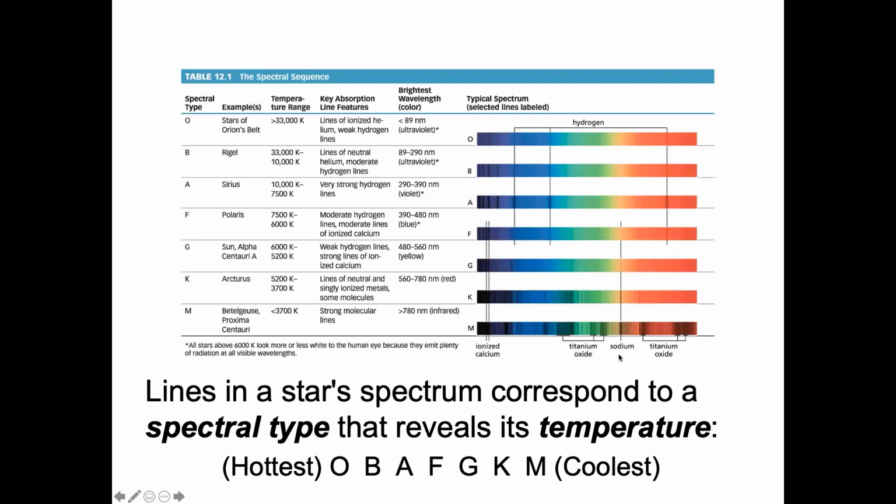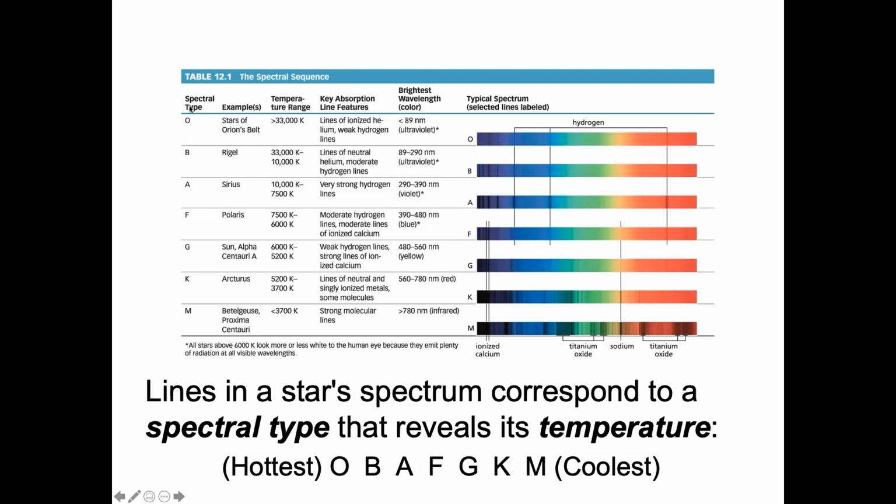Now, once we are able to figure out a star's luminosity, so now we're saying, here's the brightness of the star, here's how far away it is from us, therefore this must be the luminosity of the star. Once we can get to that point and figure out a star's luminosity, then we can start to talk about its temperature.